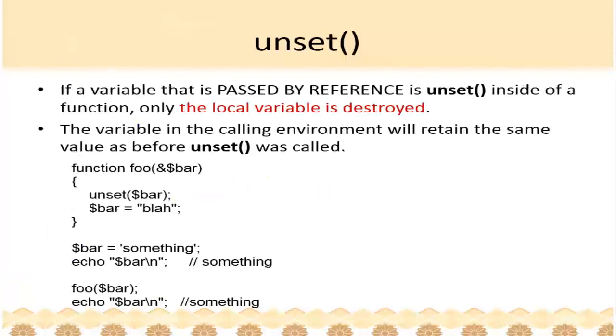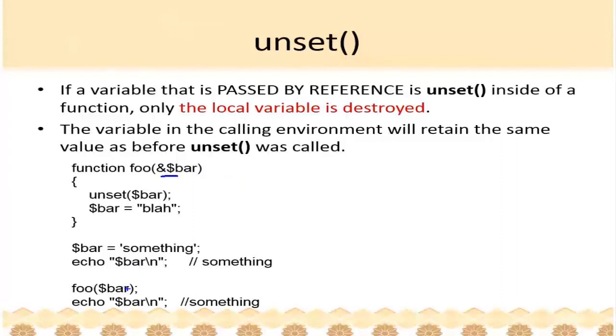Okay. The next one is what will happen if you try to delete a value which is passed by reference. I think I have already told you, pass by reference has the ampersand sign here.